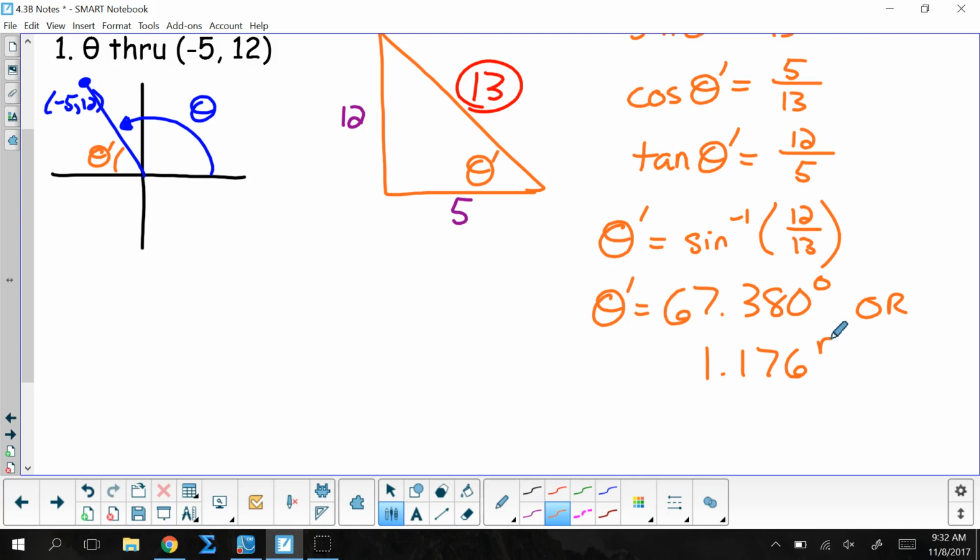Okay? But now which quadrant is theta actually in? Which quadrant is theta actually in? It's in the second quadrant, right? Okay? What can you tell me about the angles in quadrant number 2?